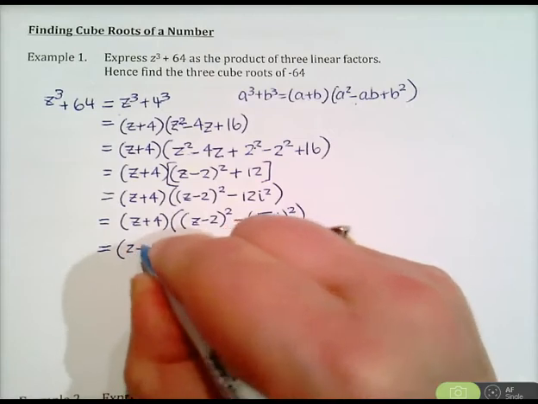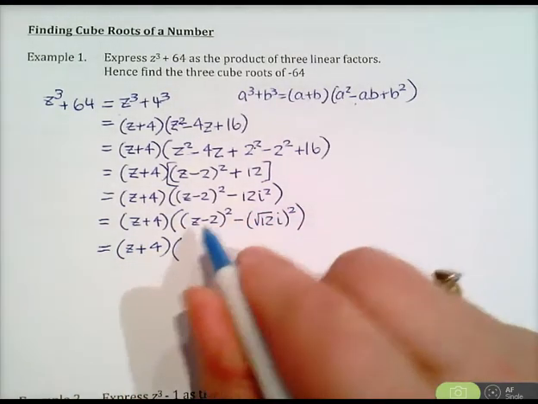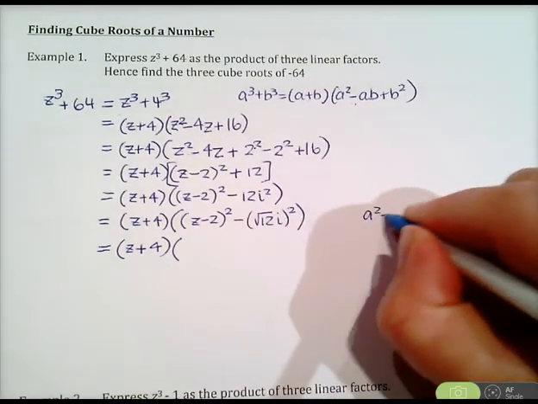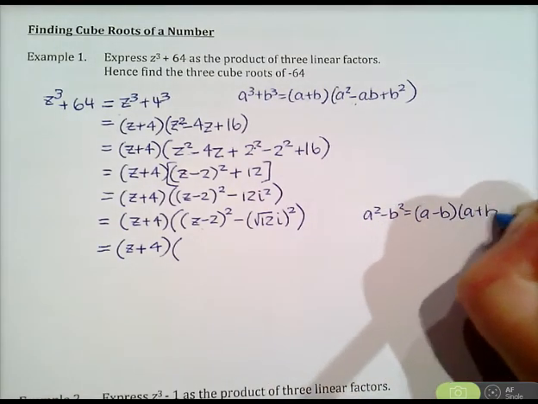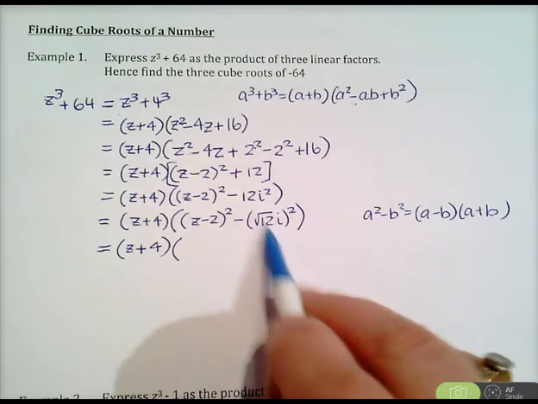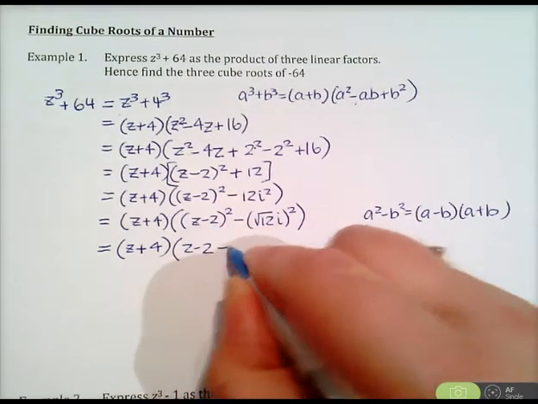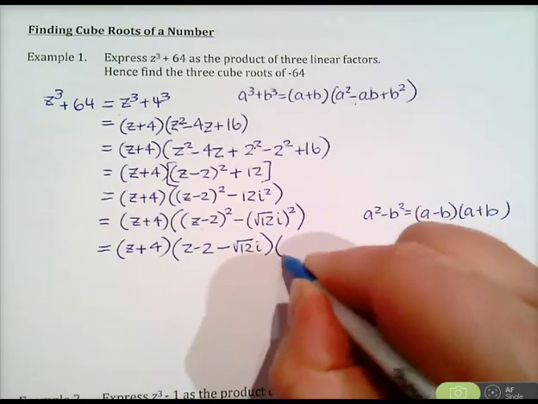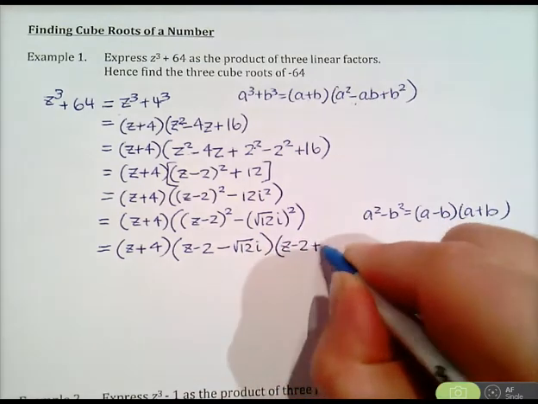And I've got z plus 4. And this is in the format, we know, of a squared minus b squared, which we know is a minus b times a plus b. So I'm factorizing this, okay? So this is my a, minus, this is my b, times, that's z, a plus b.